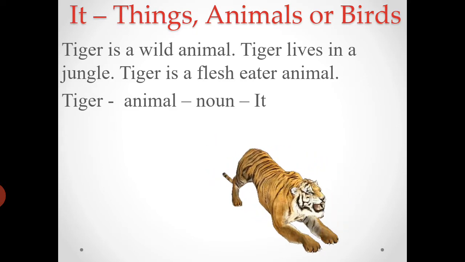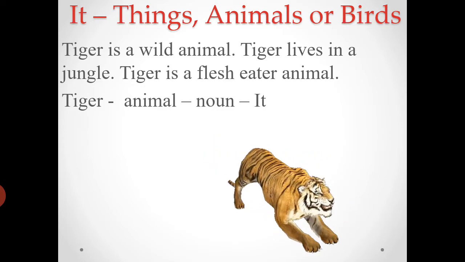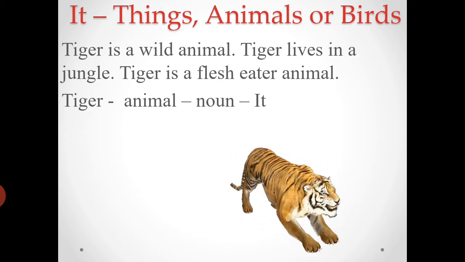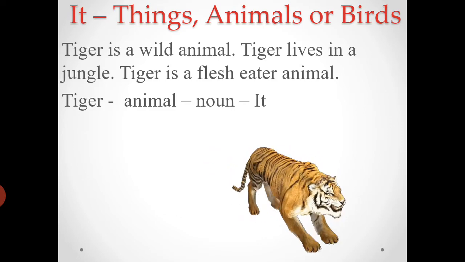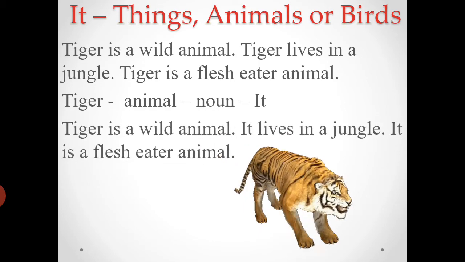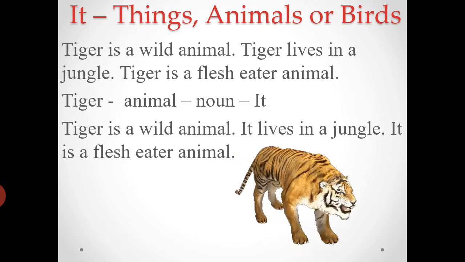To avoid tiger, tiger, tiger, instead of tiger, we can use it. To avoid repetition, we use it. It is a pronoun for the things, animals or birds. So, the answer will be: Tiger is a wild animal.